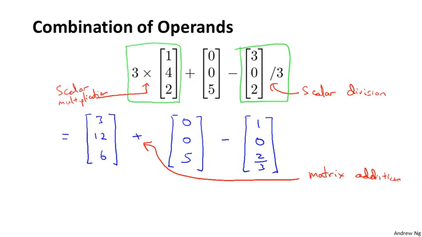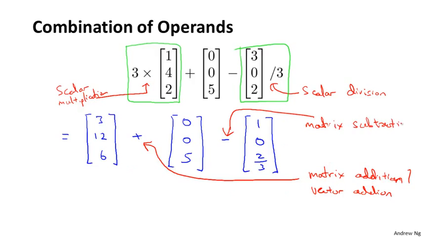Or really, since these are vectors, and remember vectors are special cases of matrices, we can also call this vector addition. And this minus sign here is again matrix subtraction. But because this is a 3 by 1 matrix, which is actually a vector, we can also call this vector subtraction as well.